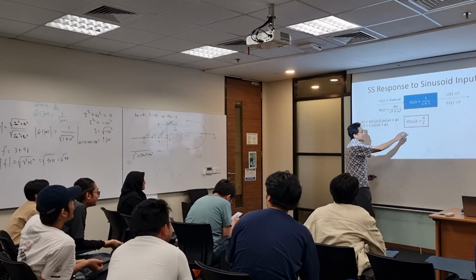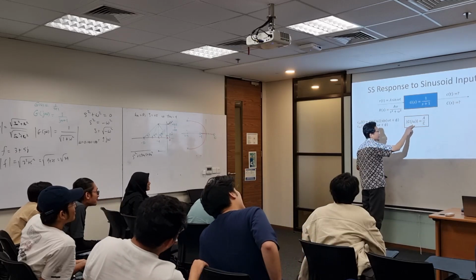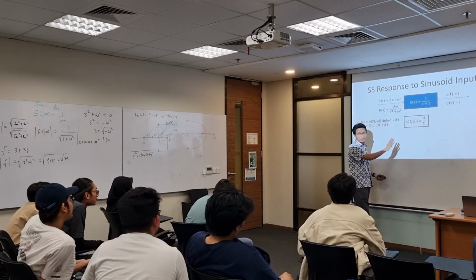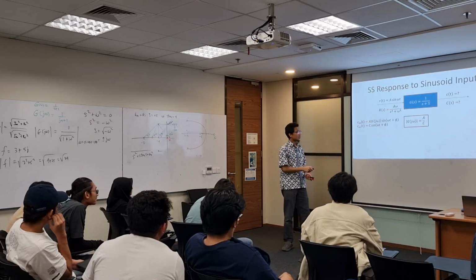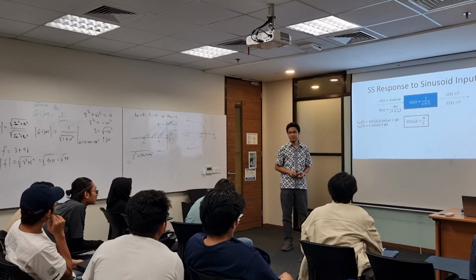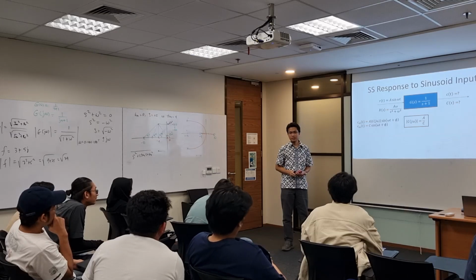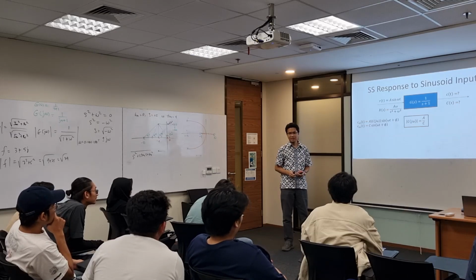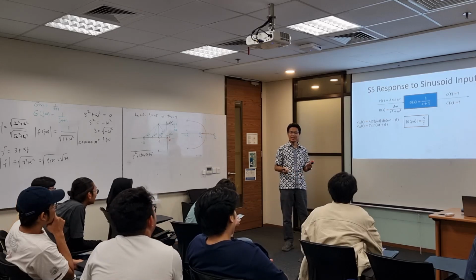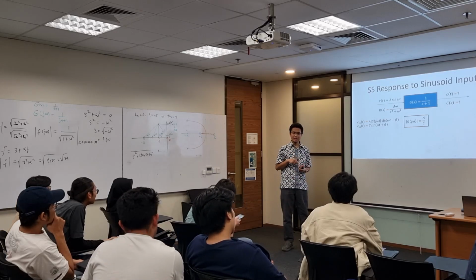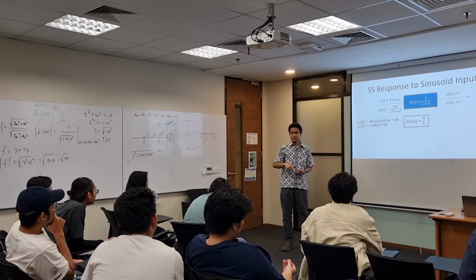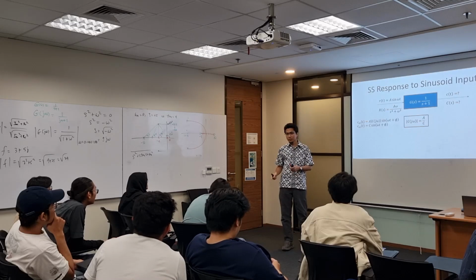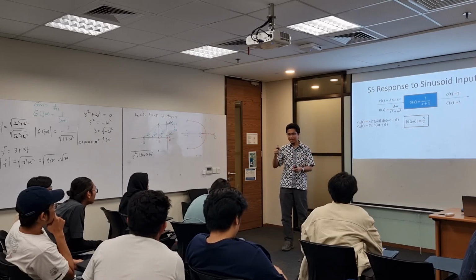Okay, this one, I want to highlight this because you can obtain the magnitude of your transfer function from the experiment. So you can estimate the transfer function of your system. You can do the same experiment on your model, the bicopter.